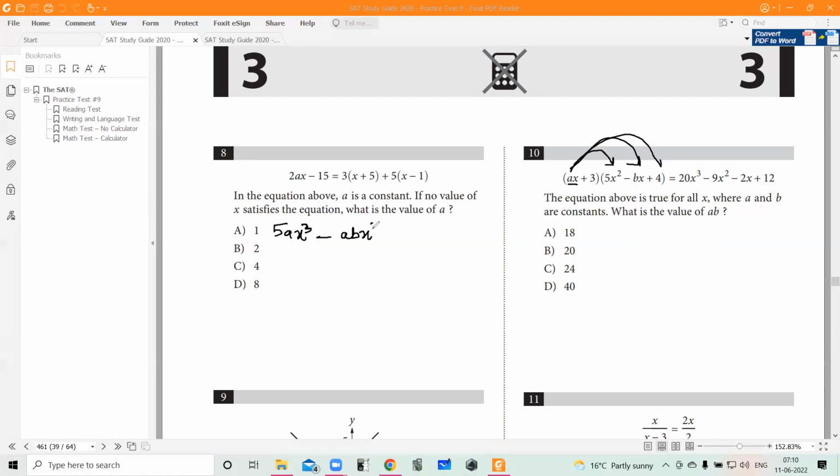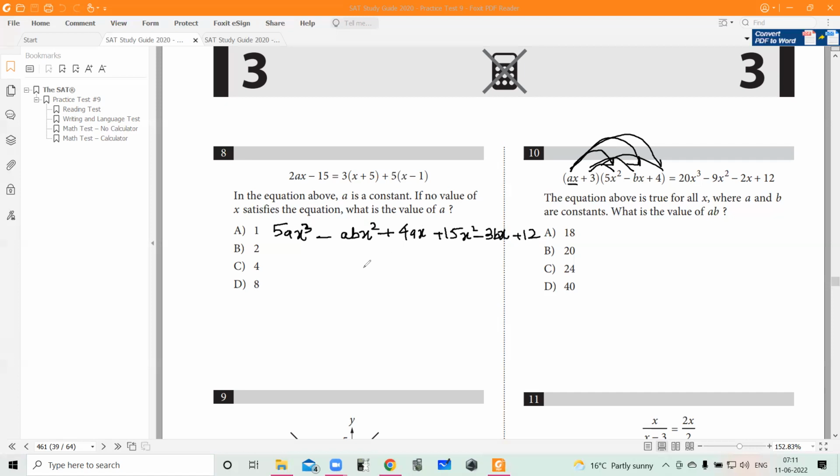And then 4ax. And then you have to multiply 3 with all these 3 terms. So how much is that? 15x squared minus 3bx plus 12.